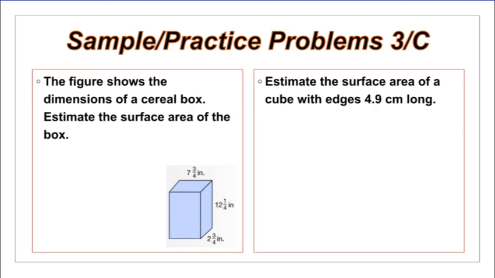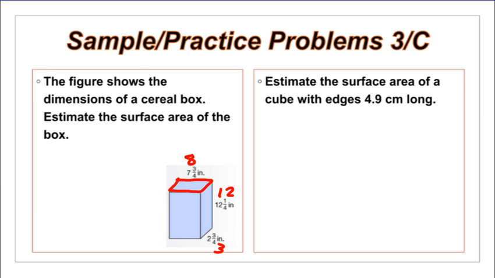And our last couple of problems. The figure shows dimensions of a cereal box. Estimate the surface area of the box. Here they didn't ask for the lateral, so we find the total surface area. We need to estimate. So 7 3/4 would be 8. 12 1/4 would be 12. 2 3/4 would be 3.